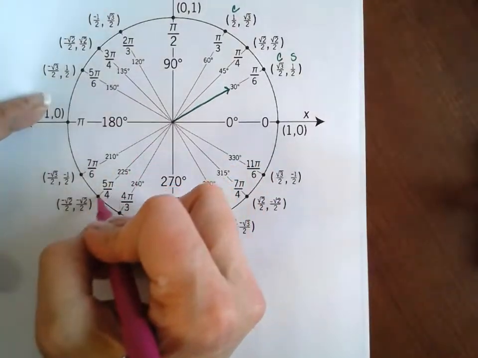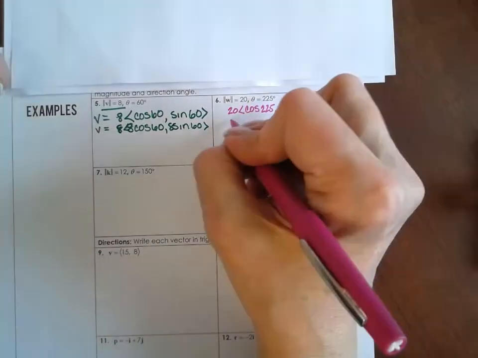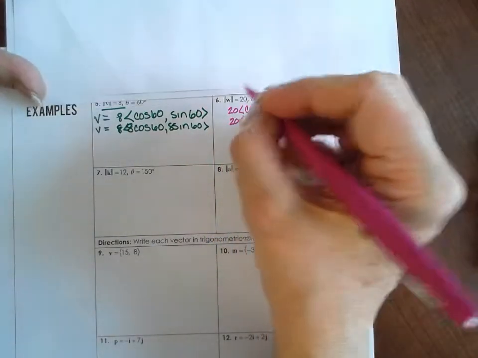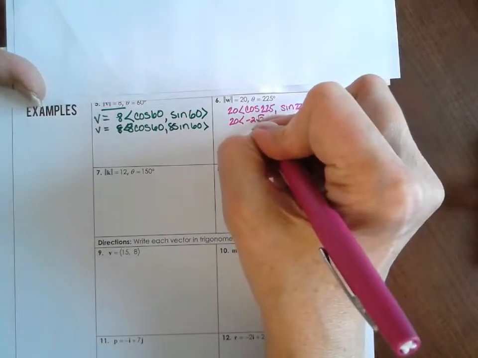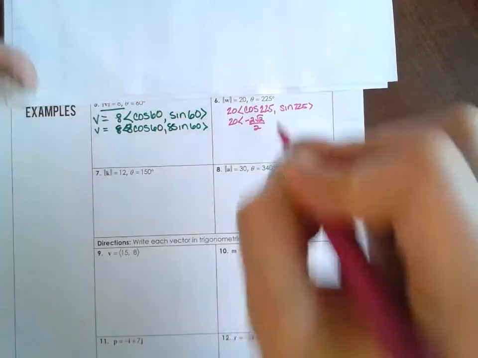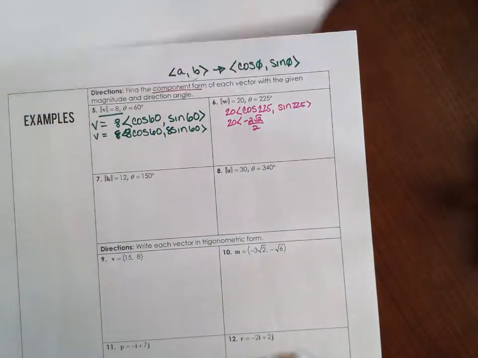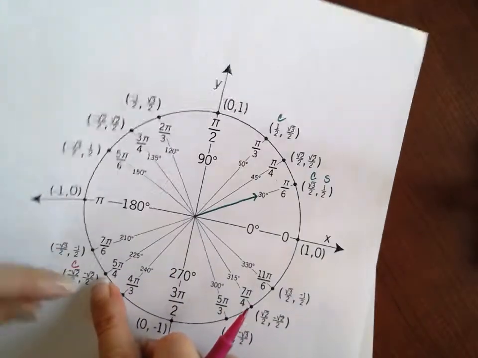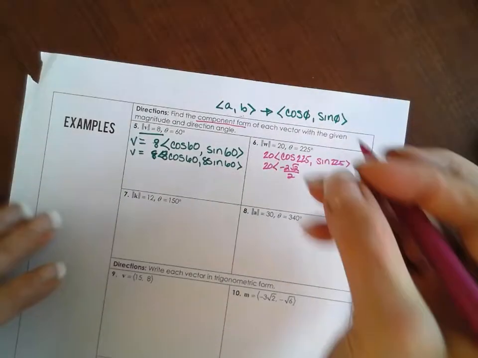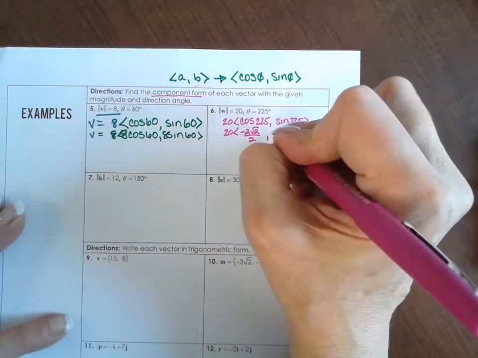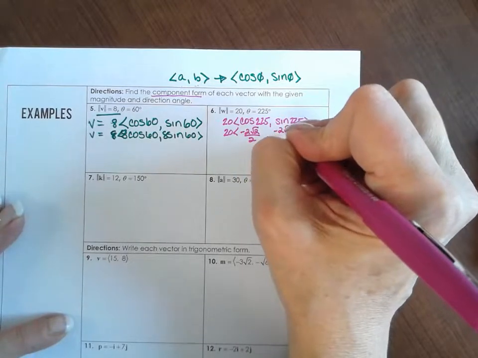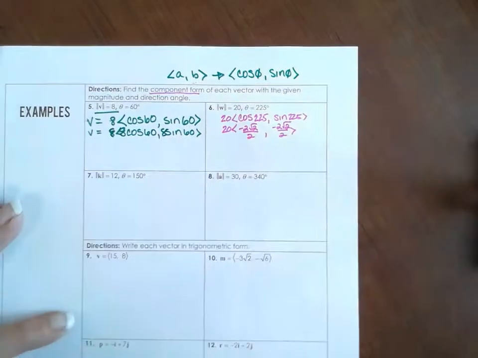So, cosine of 225 is gonna be negative square root of 2 divided by 2, and the sine of 225 is going to be the same thing, negative square root of 2 over 2.